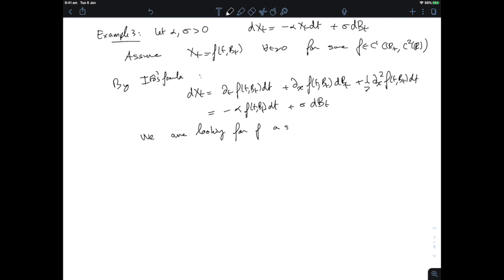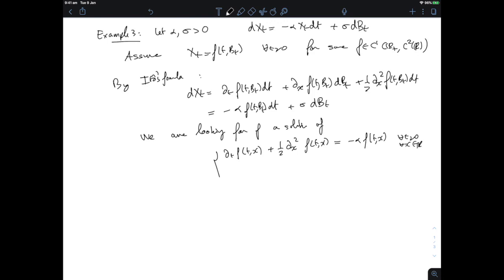So the system that we are trying to solve is the following. For f, a solution of, okay, so what happens in the dt component is I want d_t f(t,x) plus 1/2 of d_x squared f(t,x) to be equal to minus alpha f(t,x). That's for every t and for every x.